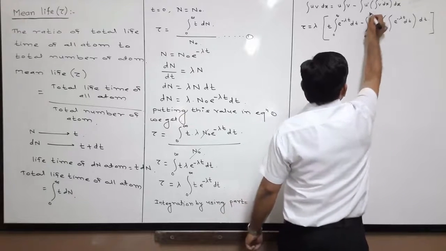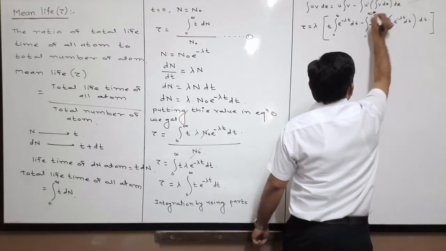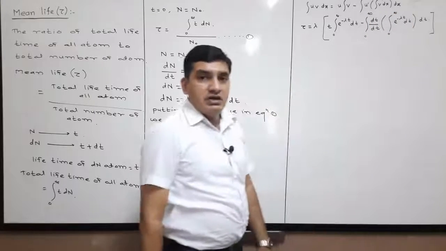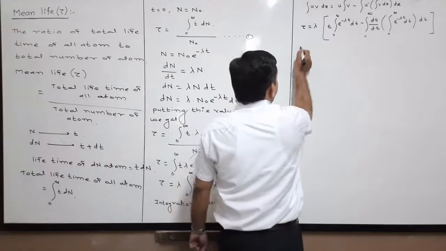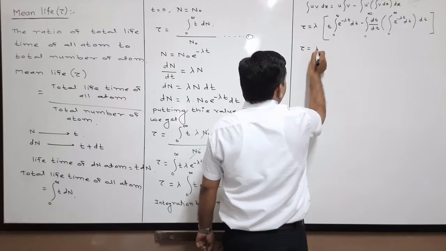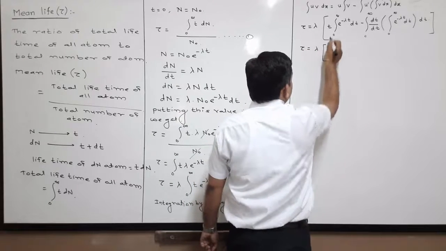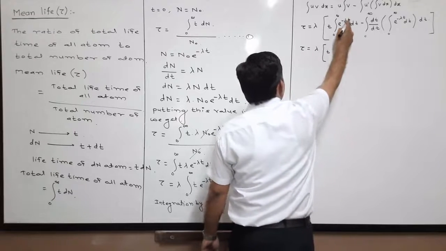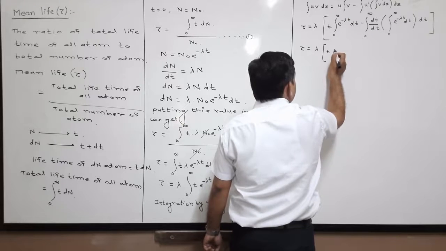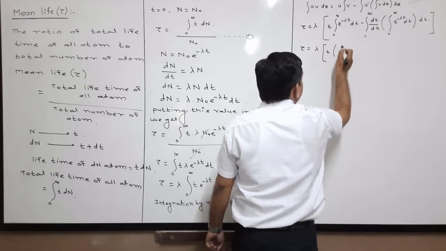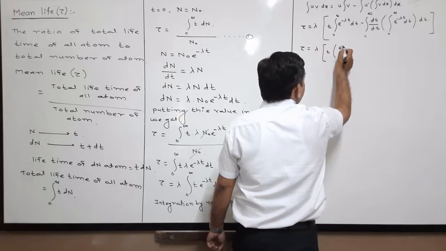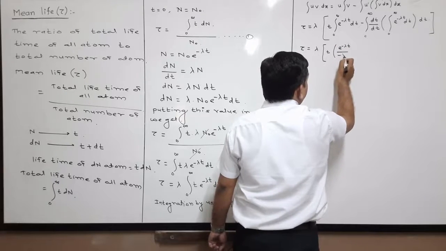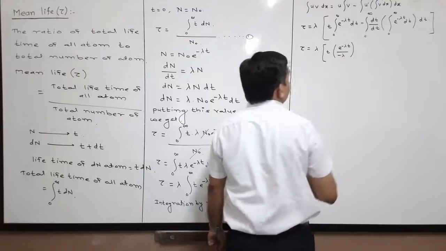Here is also 0 to infinity. Here is a 0 to infinity. Now therefore tau is equal to lambda, integration t, integration of e raised to minus lambda t, it is e raised to minus lambda t divided by minus lambda.